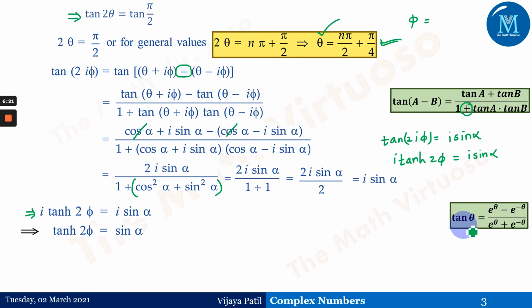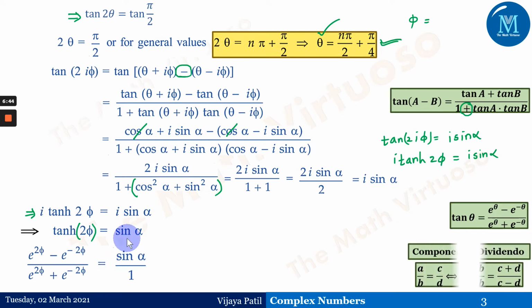And again here, tan hyperbolic theta is e to the power theta minus e to the power minus theta upon e to the power theta plus e to the power minus theta. Putting the same value here, tan hyperbolic 2 phi, because from this current formula theta has been replaced by 2 phi, so e to the power 2 phi minus e to the power minus 2 phi upon e to the power 2 phi plus e to the power minus 2 phi would give us sin alpha.